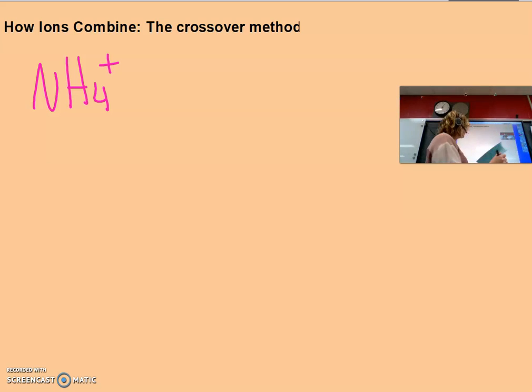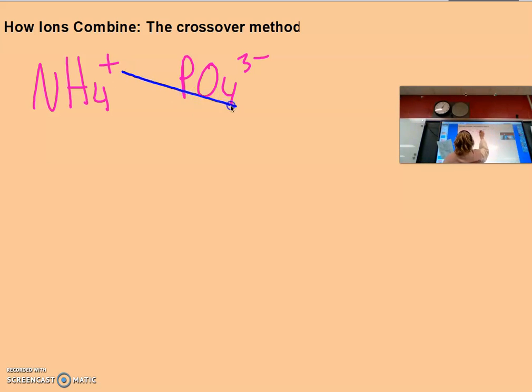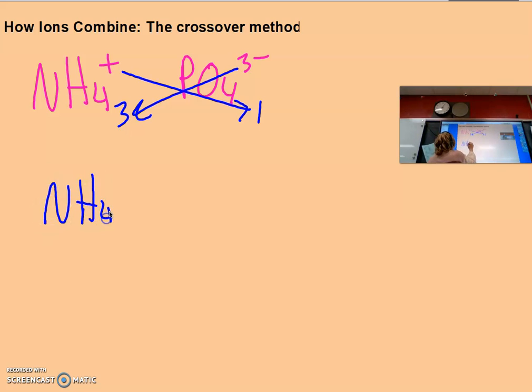Let's say that this combines with my phosphate ion. I'm going to use my crossover method. 1 down here, 3 goes on this one. This is really the only example where we are going to see parentheses around the first ion.